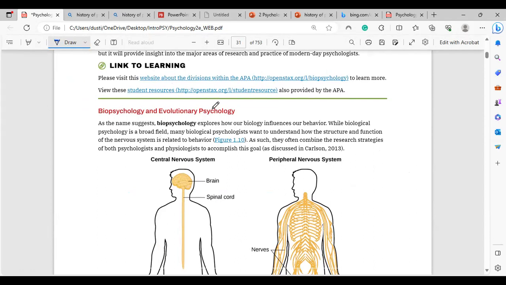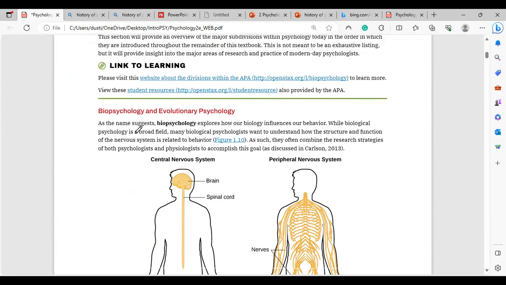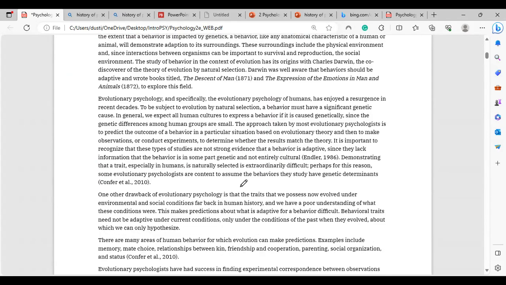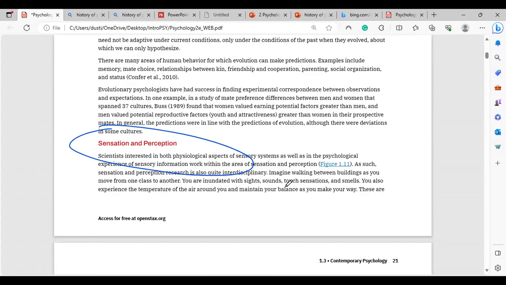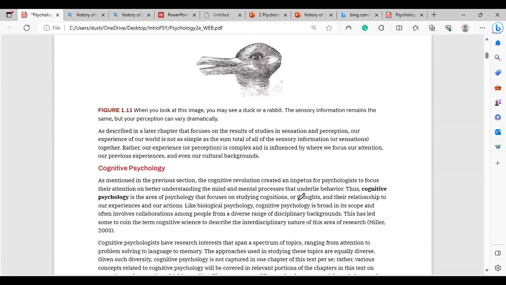Biopsychology, and evolutionary. It's called the biopsychosocial model. We talk about that later, but this is the biopsychology kind of, and that goes into the biopsychosocial model of psychology as well. And we'll talk about sensation and perception in another chapter.